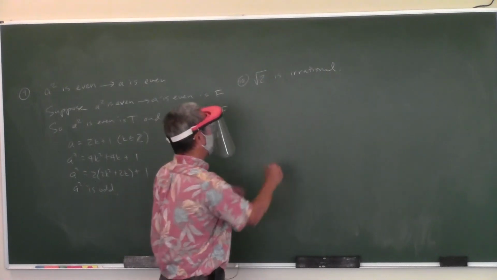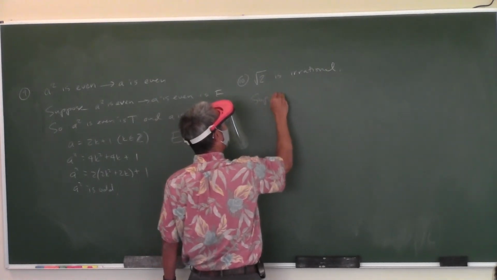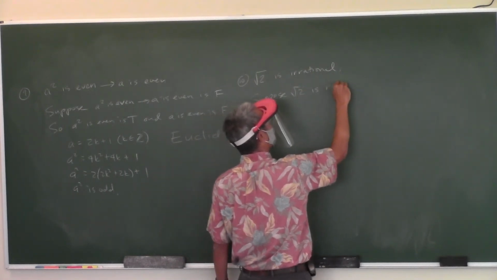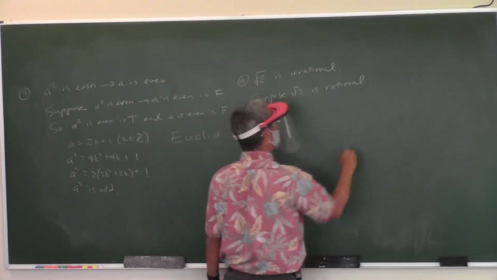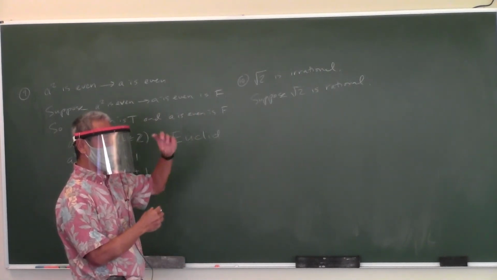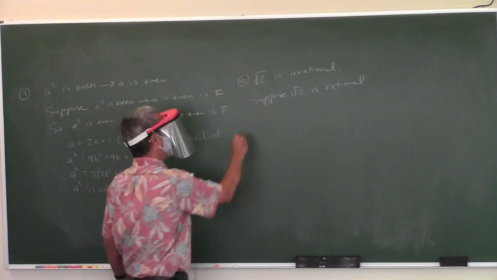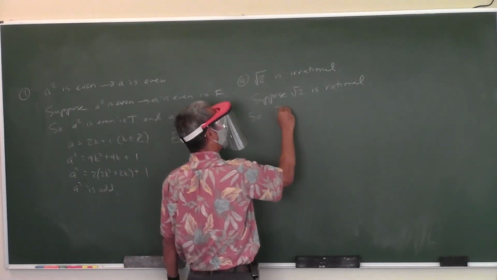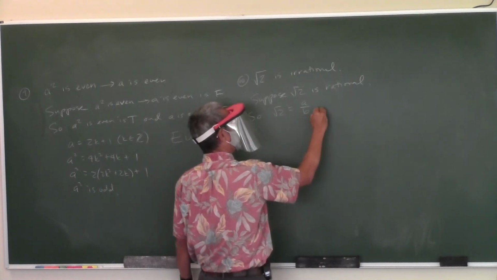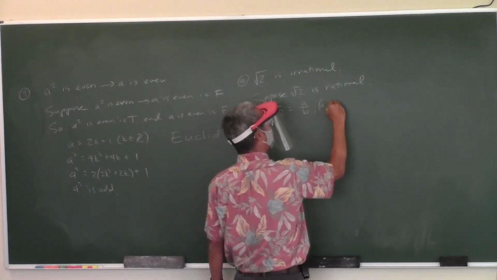Okay, so suppose the square root of 2 is rational. Now, you guys know what a rational number is, yeah? It's a number that can be written as an integer over an integer. So, square root of 2 is equal to, what letters you want to use? a over b, where a and b are integers.